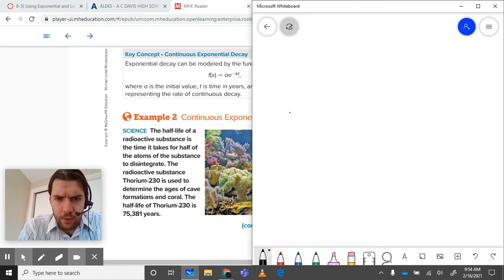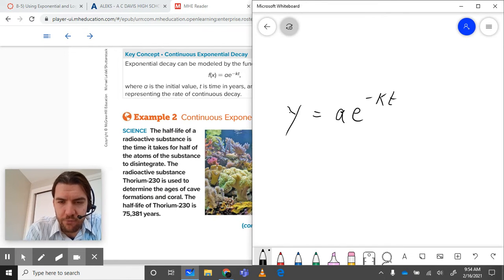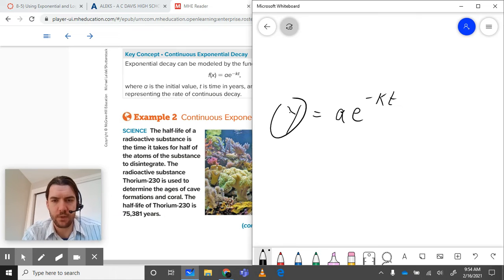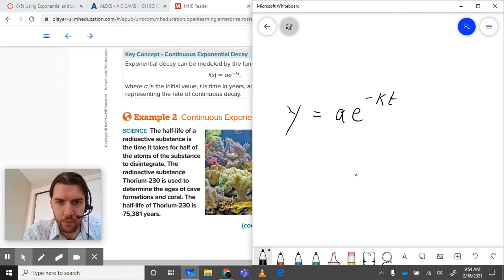Okay, so let's think about how we can put numbers into our equation here. So we have y equals a e^(-kt). Well, whatever the initial amount, the concept of the half-life here is that the final amount is going to be half as much. So we can rewrite this as a over 2.